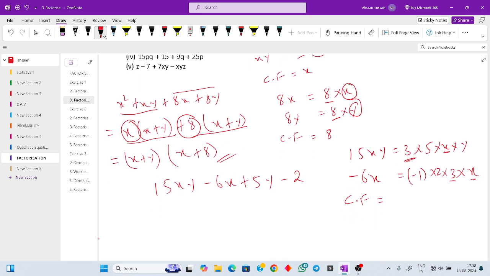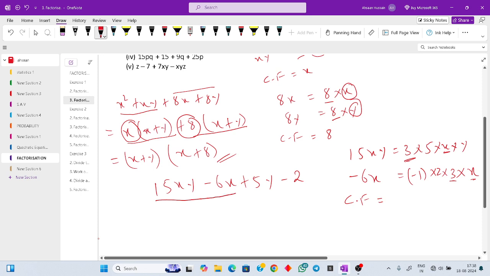So between these two terms, the common factor will be 3 multiplied x, that is 3x. So what is left here? 5 and y. So 5y, and here 2, also this negative 1 is also left, and only 2 and negative 1 is left, so that will make negative 2.